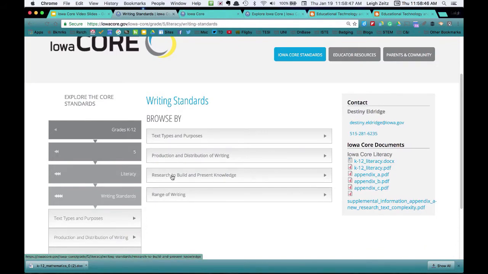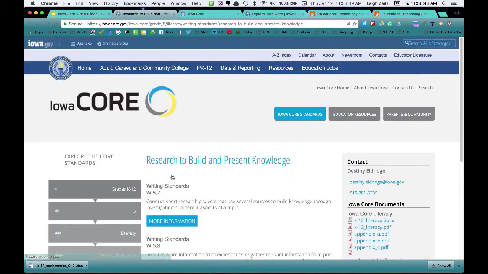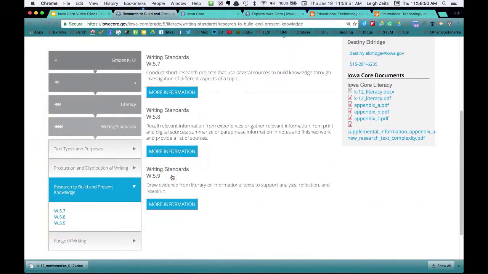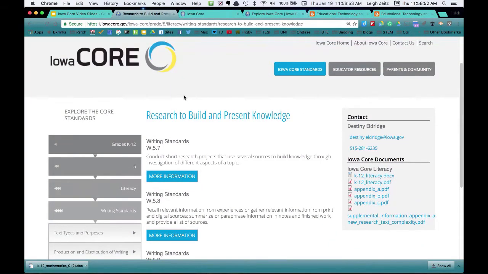And then research to build and present knowledge, that is going to be our essential concept and goal. And then down here it says conduct, and that's W.5.7. Conduct short research projects that use several sources to build knowledge through investigation of different aspects of a topic.